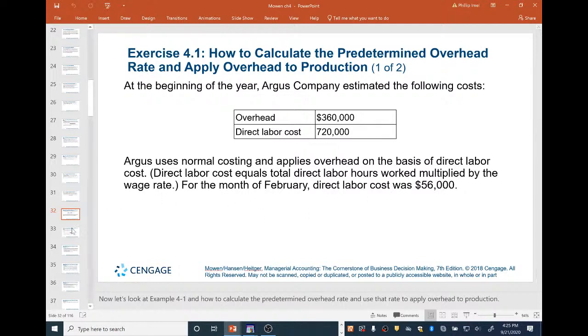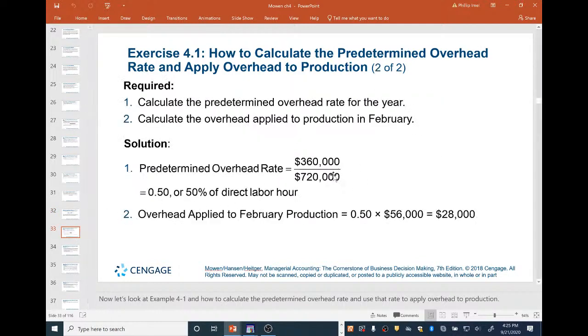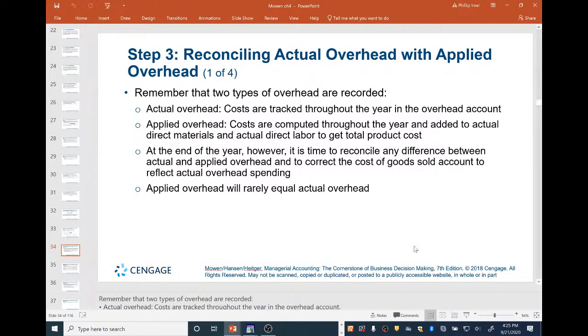So now we're taking the rate we just found from step 1, the predetermined overhead rate, and applying it to the direct labor cost for February, because that was the cost driver. Does that make sense? So that's step 2. That gives us $28,000. Everyone seeing that?